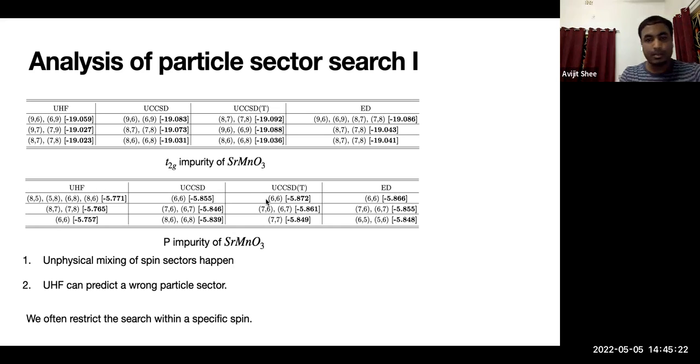So what this tells us is that many times this unphysical mixing of spin sectors can happen, and in many cases it can actually lead to divergences. So one should be careful of this with UCCSD. This is sort of unavoidable in this case, and this is what it is.